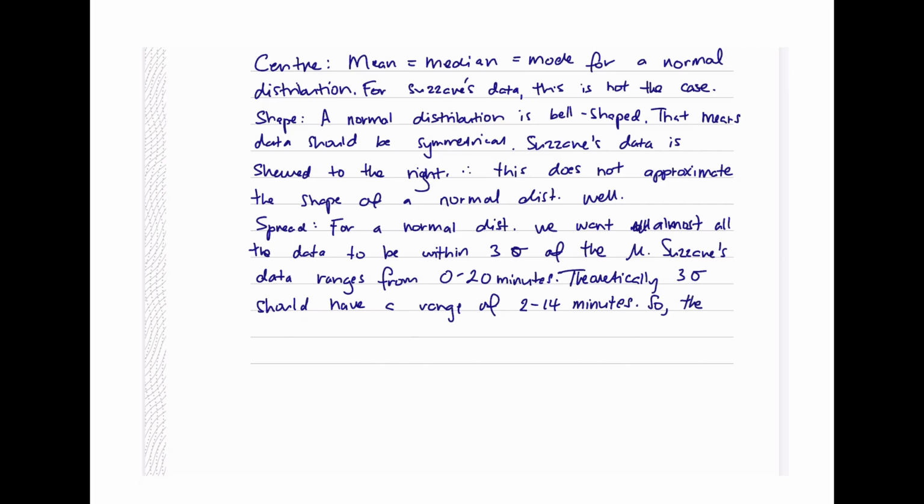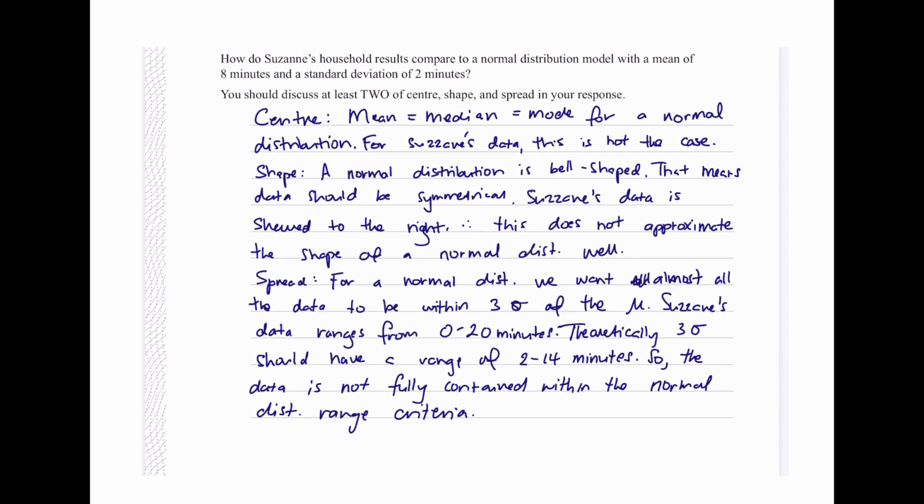The data is not fully contained within the normal distribution range criteria. So what are we trying to say overall? Ultimately we wanted to compare the normal distributions.